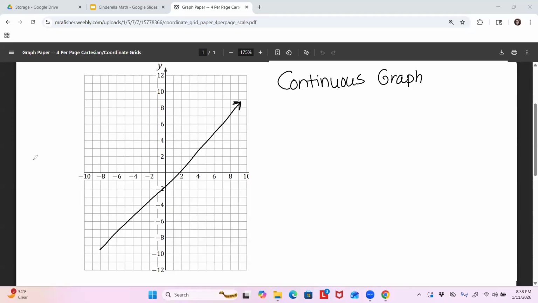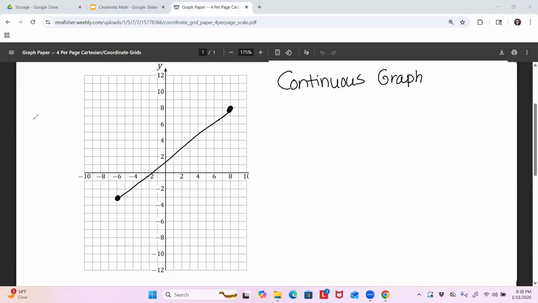Actually, let me do one thing first here before I put arrows. There we go. So you cannot write down all the points that are on that line segment. You can't. There's actually an infinite number of points on there. I know that sounds silly, but there are.